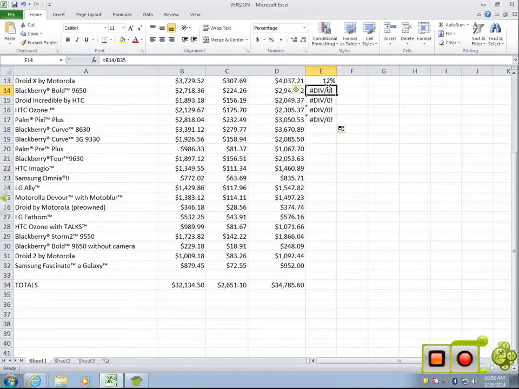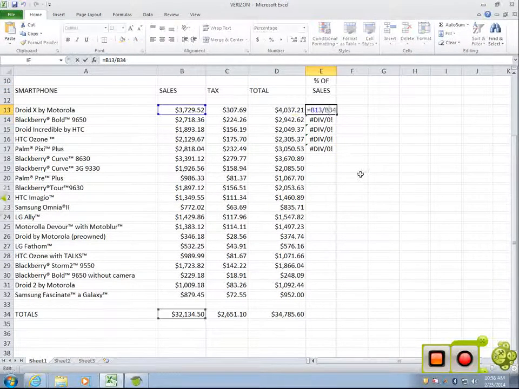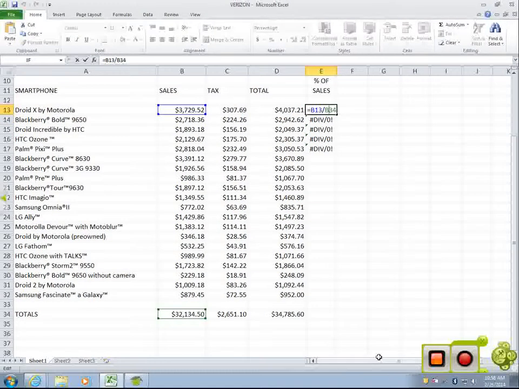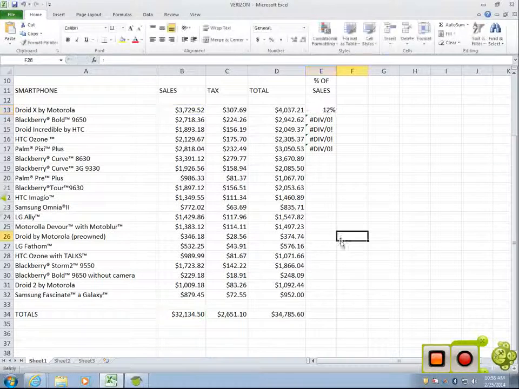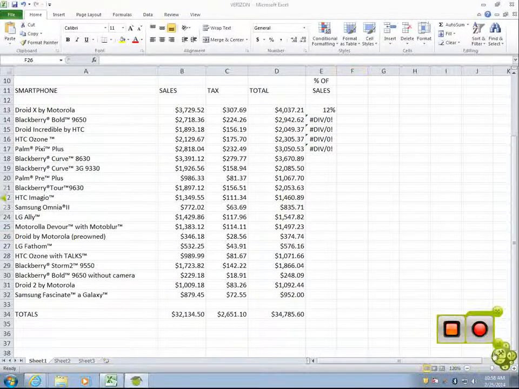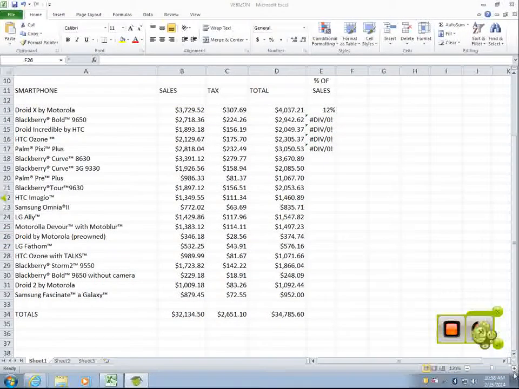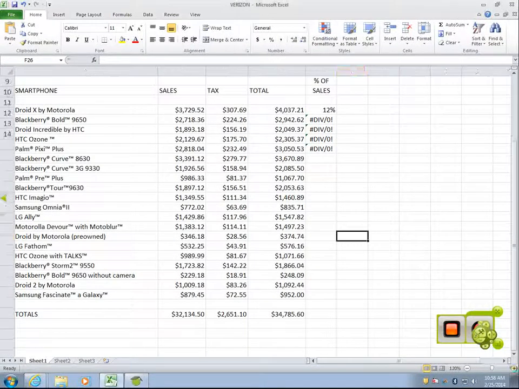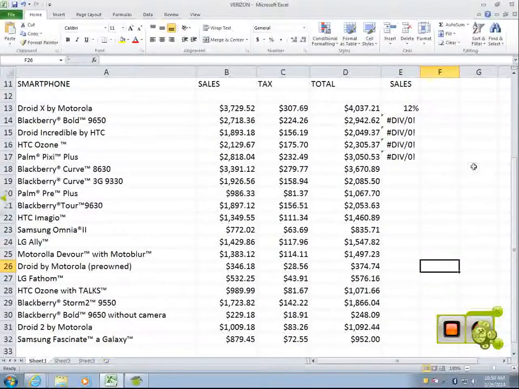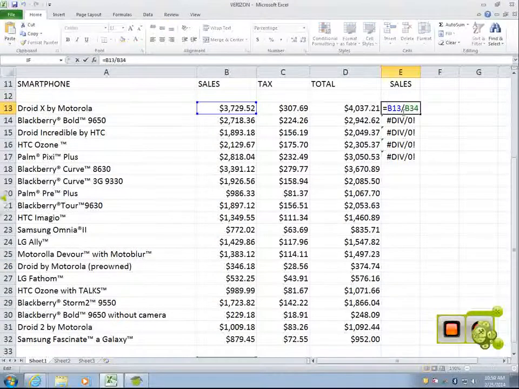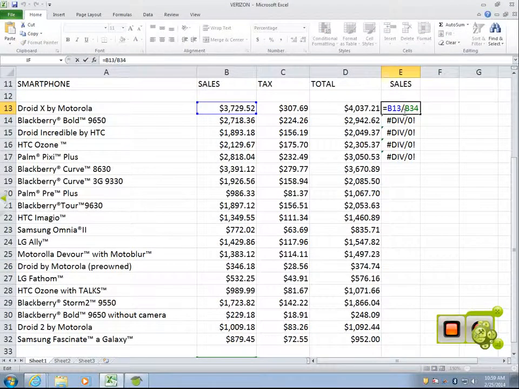So in order to fix this, so I can just drag it down, I need to make B34 an absolute cell reference. Okay? So in order to do this, I'll make this a little larger for you guys so you can see, it's a dollar sign in front of B and a dollar sign in front of 34.